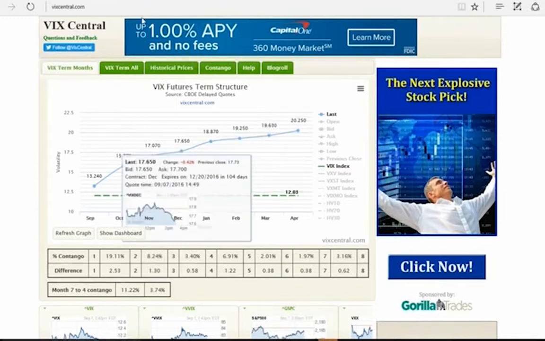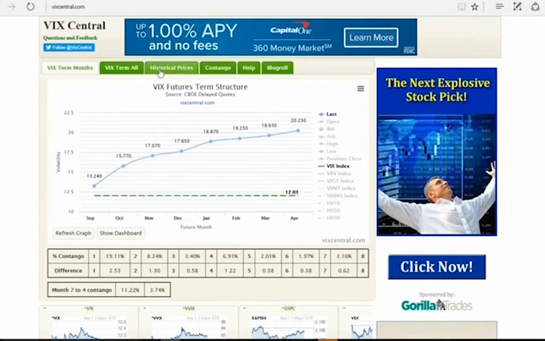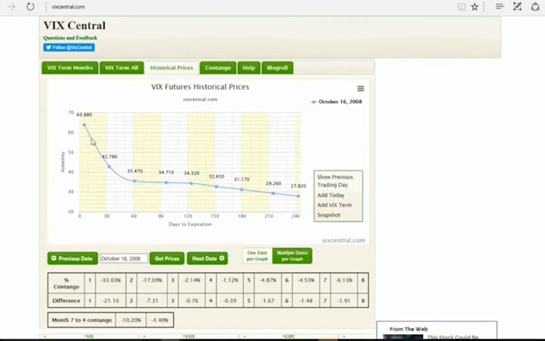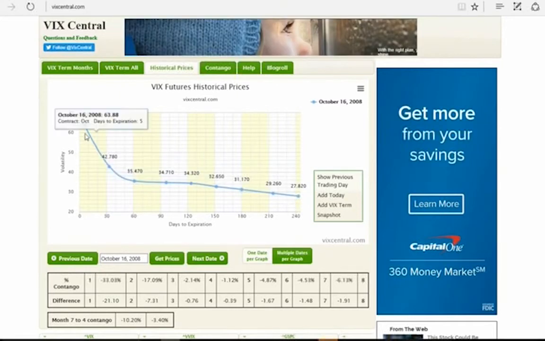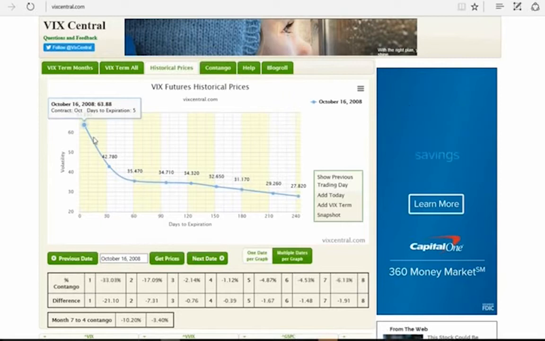All right. Now, let's look at historical prices. Here's October of 2018. The market is loud.